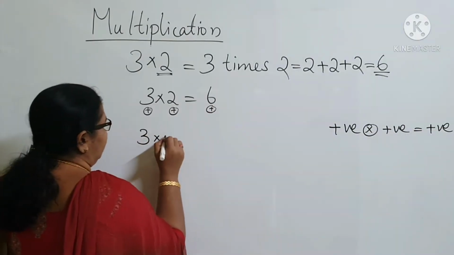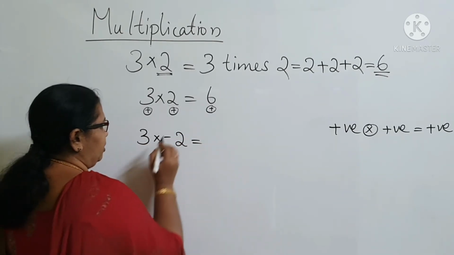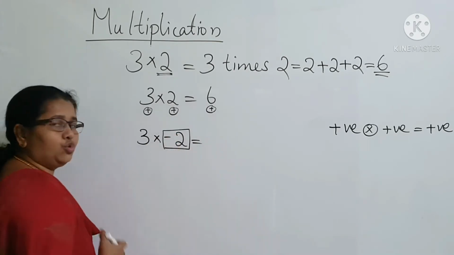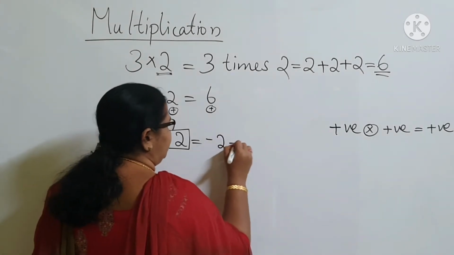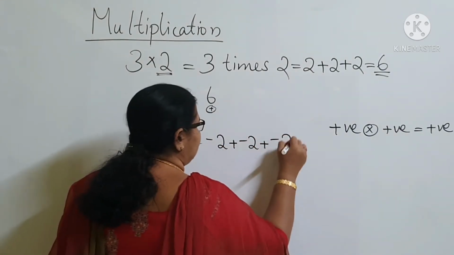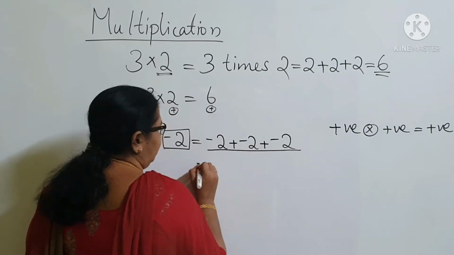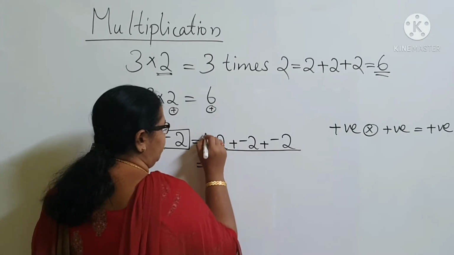3 into negative 2. So, negative 2, 3 times. 3 into negative 2 means 3 times negative 2. That is negative 2 plus negative 2 plus negative 2. Addition rules you know.